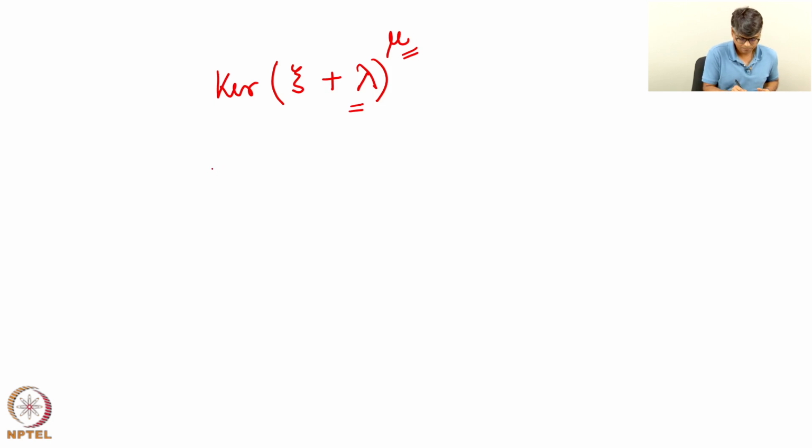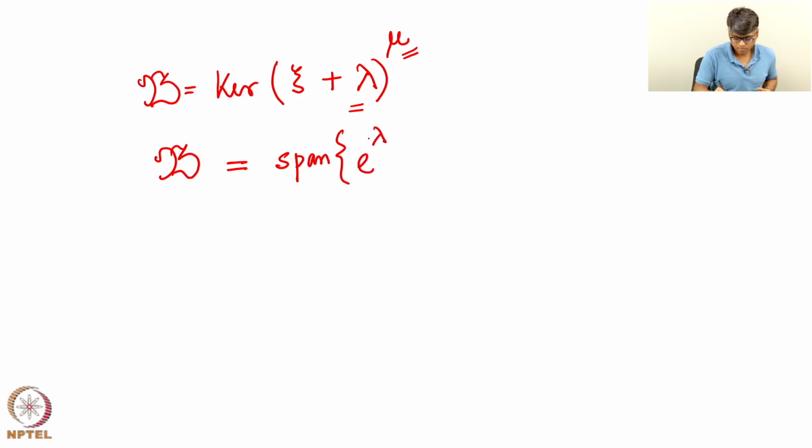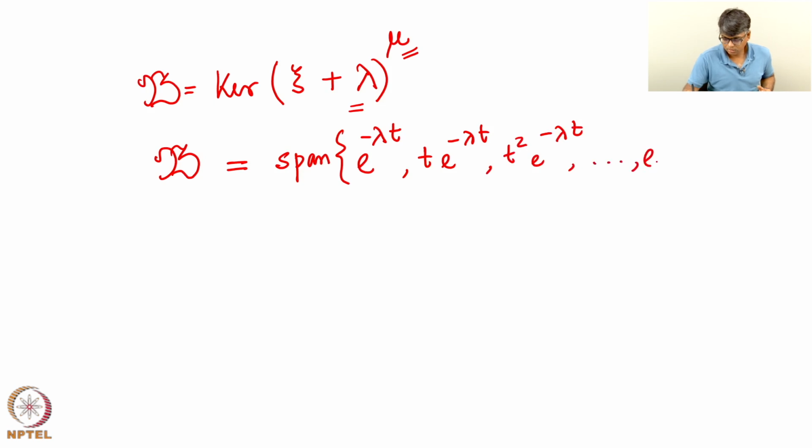Yeah, the solutions are given by, suppose this is my behavior, then the behavior will turn out to be the span of e to the power minus lambda t, t e to the power minus lambda t, t square e to the power minus lambda t, dot dot dot, t to the power mu minus 1 e to the power minus lambda t.